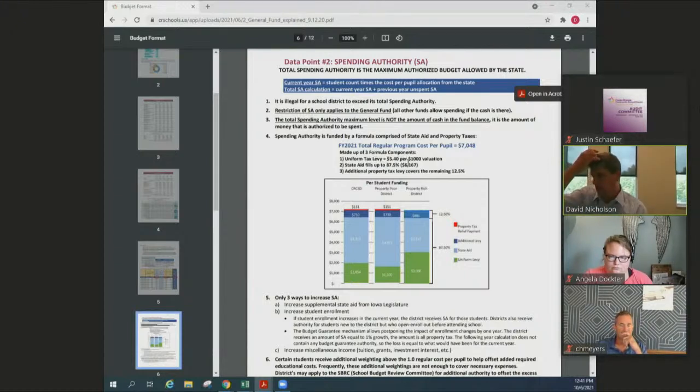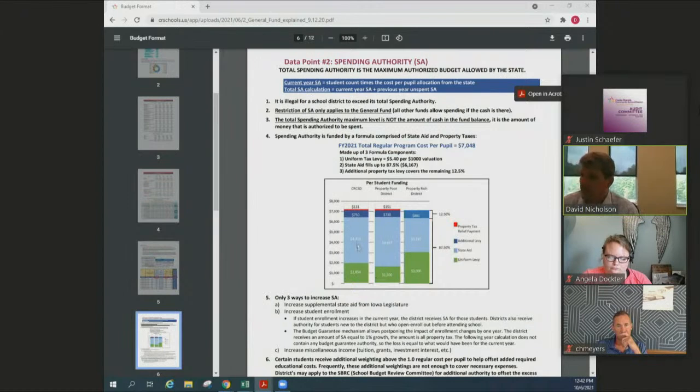Every district gets that charge to fund the school funding formula. State aid backfills up to 87% of the calculation of this times the enrollment number. The last bit is some additional property tax levy to fund everything else.